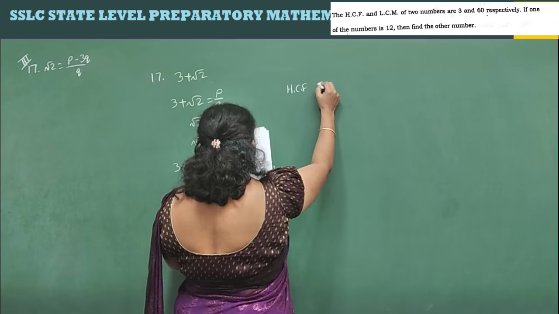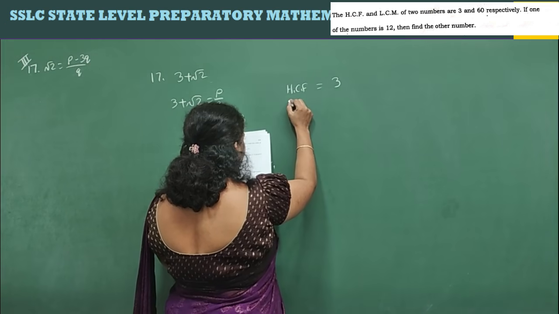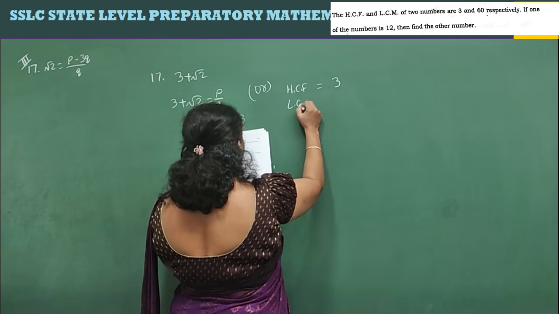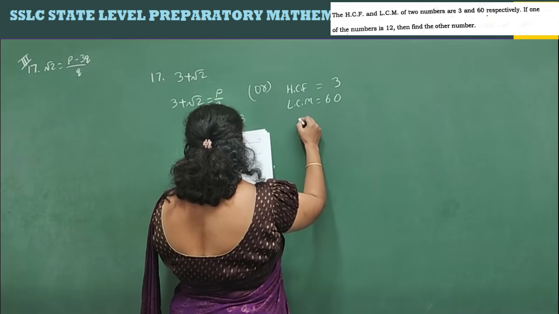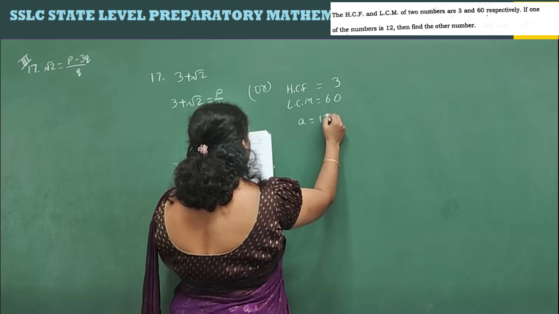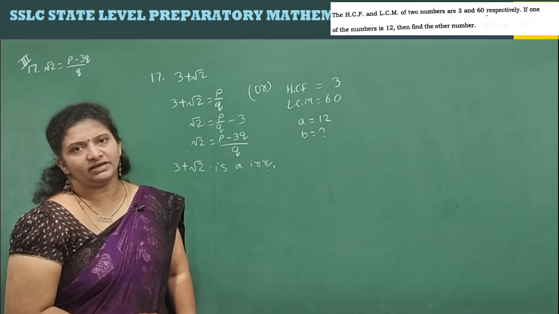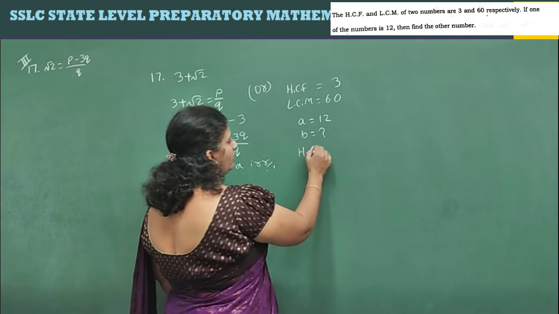The HCF and LCM of two numbers are 3 and 60. That means HCF is 3, LCM is 60. If one of the numbers, let me take it as A, is 12, then the other number is B. What do we know here?